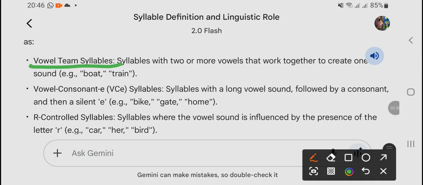Vowel team means two or more vowels are there, but they create one sound. Right? Though two vowels are there, they create one sound, and that is called a vowel team syllable.